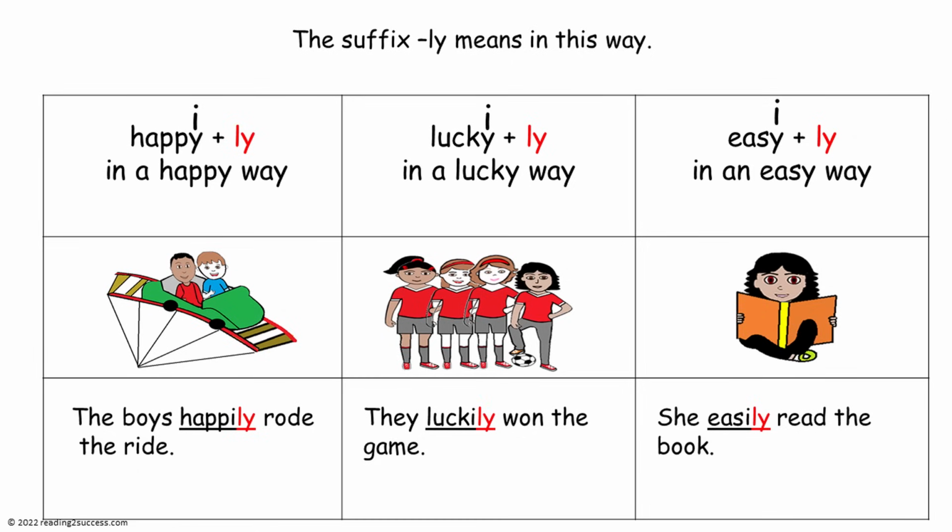Happily means in a happy way, as in the sentence, the boys happily rode the ride. Luckily means in a lucky way, as in the sentence, they luckily won the game. And easily means in an easy way, as in the sentence, she easily read the book.